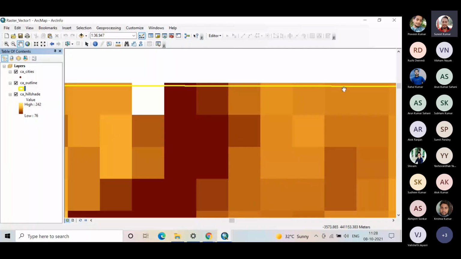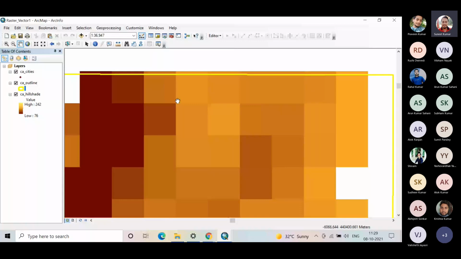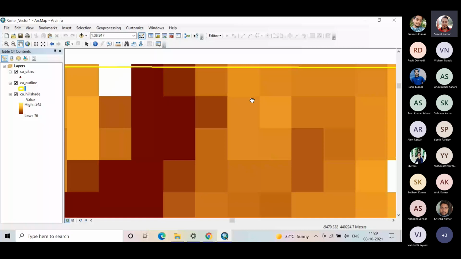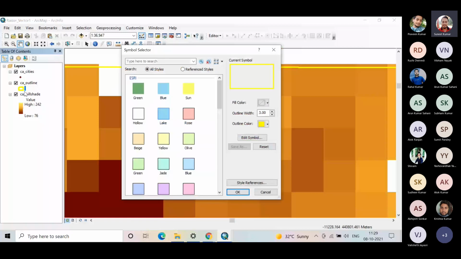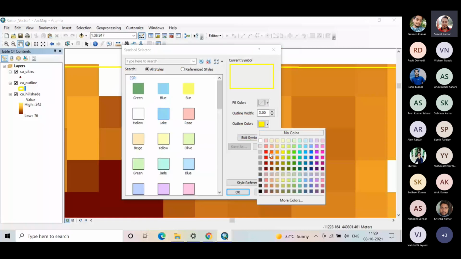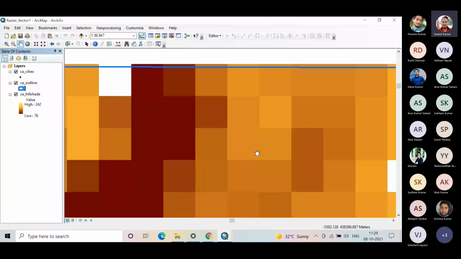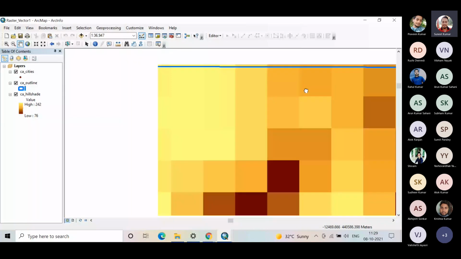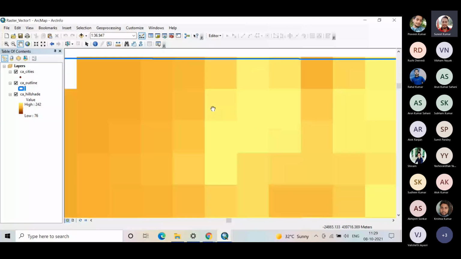Suppose I try to clip this raster data with this blue color line, see what is happening over here. The boundary pixels are not completely covered, they are partially covered, isn't it? So when you perform the clipping of such type, it will introduce an error.